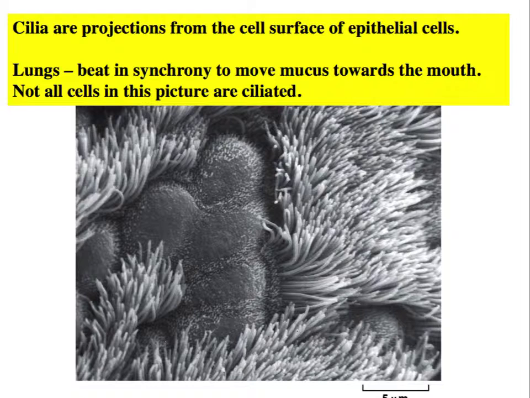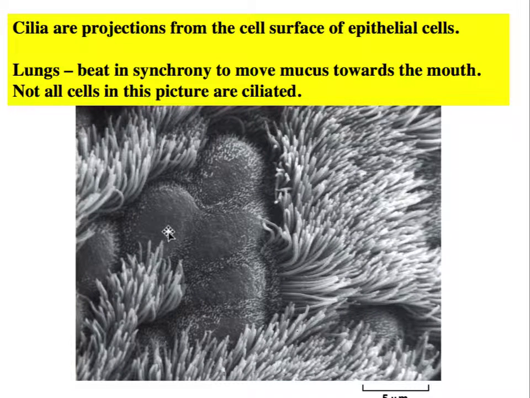The microtubules have been sequestered through evolution of cells to perform an additional function inside cilia and flagella. So cilia are projections that materialize from the surface of cells, and they're covered in plasma membrane. But what's inside the cilia? Well, they contain microtubules, as we'll see in a second.